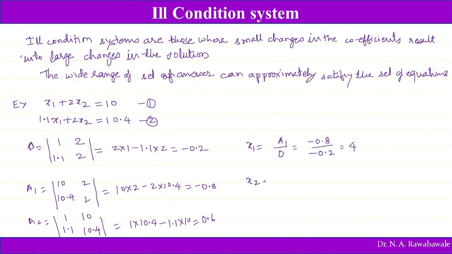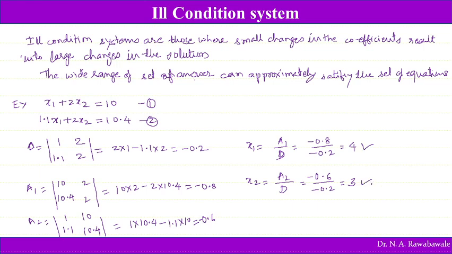And x2 is equal to A2 divided by D. A2 is minus 0.6, divided by minus 0.2. This gives us answer as 3. So now here x1 is equal to 4, x2 is equal to 3.